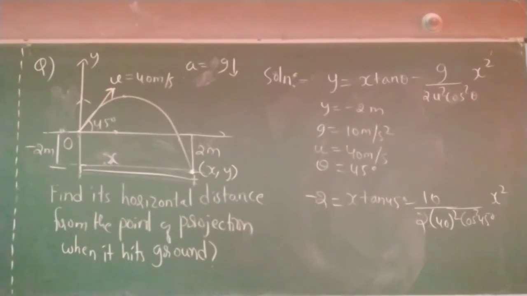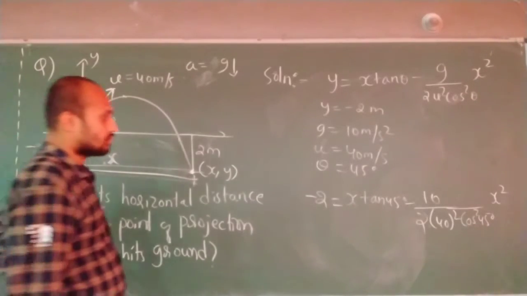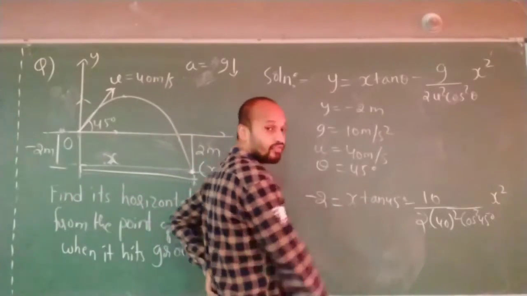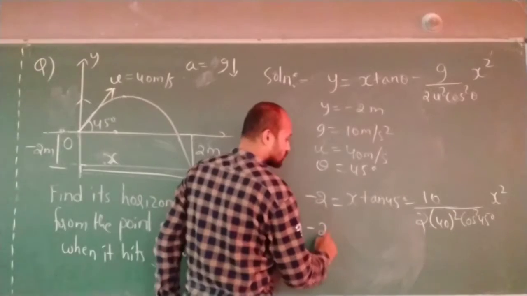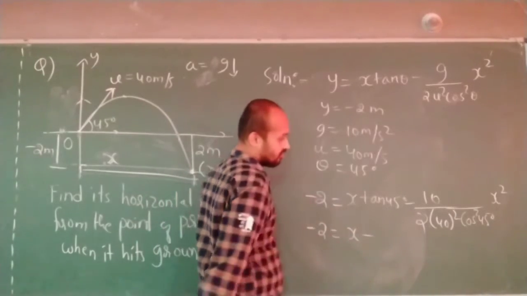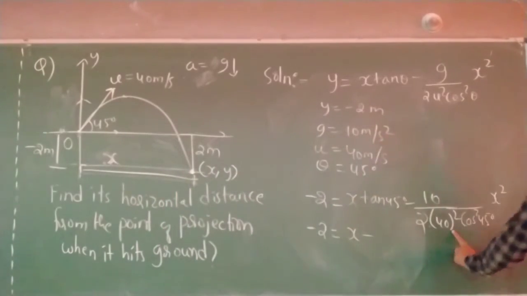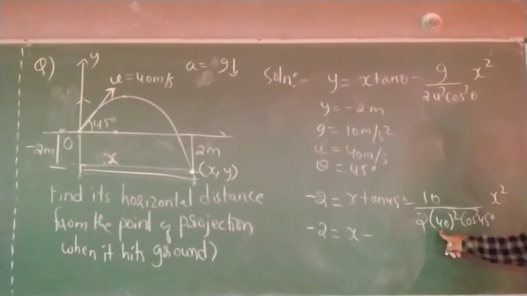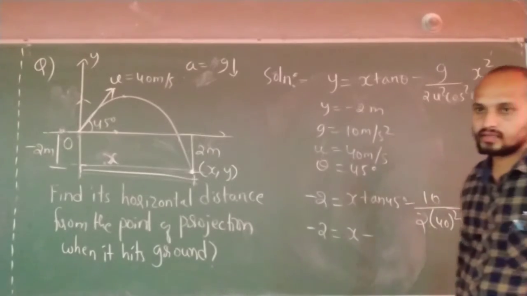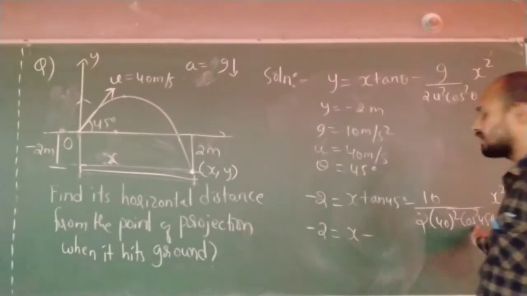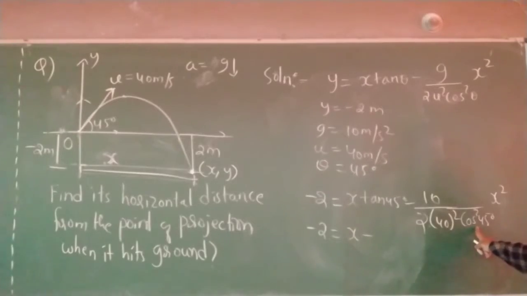Got it? If you solve for this, tan 45 is 1. This will become minus 2 is equal to x minus, this is 1600 into 2. That is how much? 3200 cos square 45.